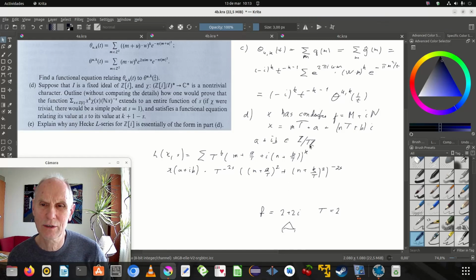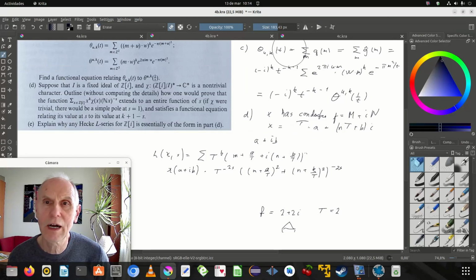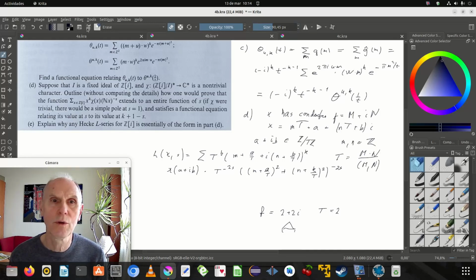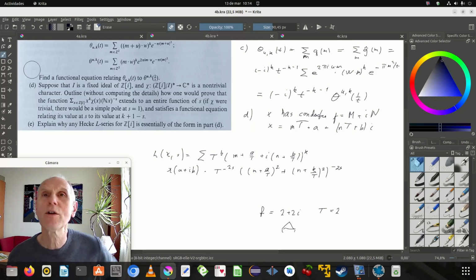That's nonsense. This is obvious. So that doesn't make sense at all. I don't know how to write it. I hope I have explained it sufficiently.